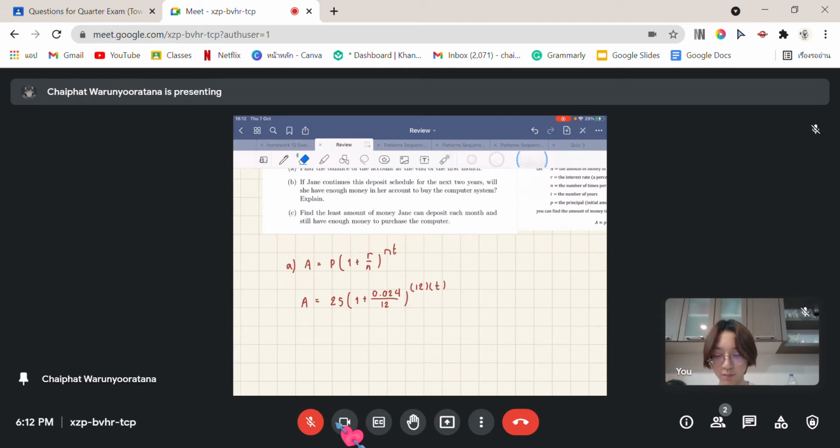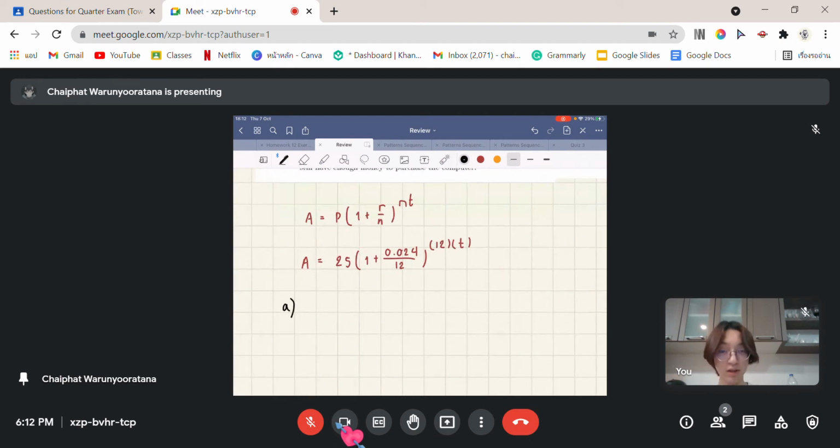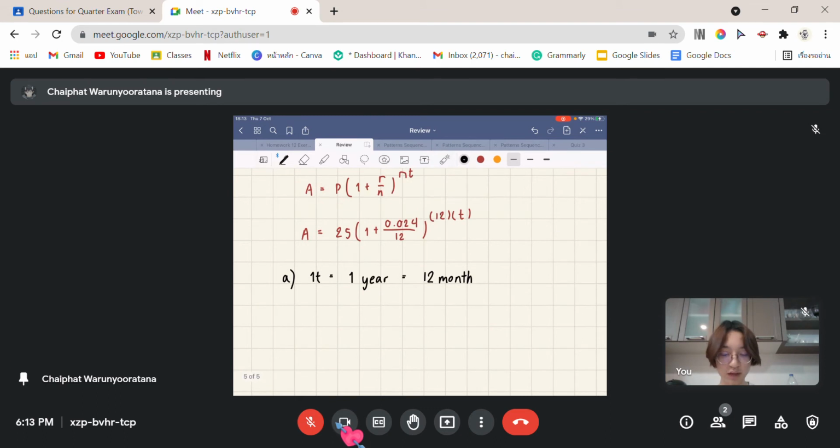So for part A, it asks for the first month. So consider this. If it's t = 1, this would equal 1 year or 12 months. However, we're going to find just 1 month, so we are going to divide it by 12.